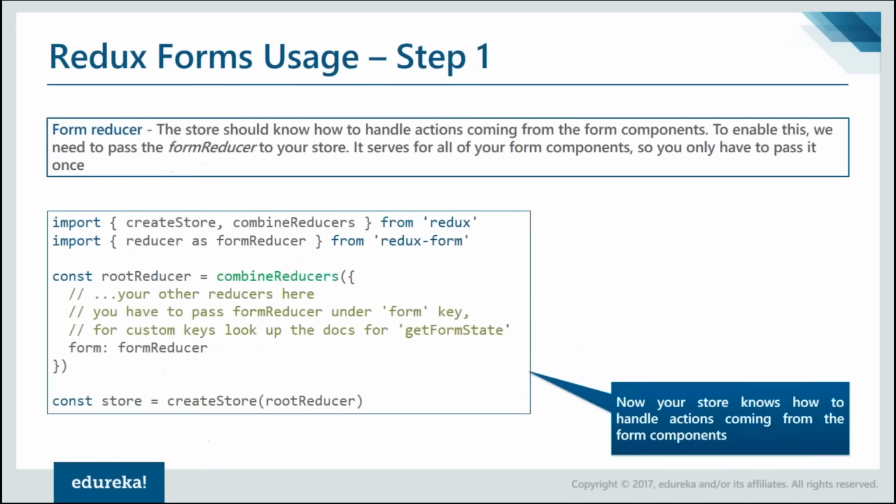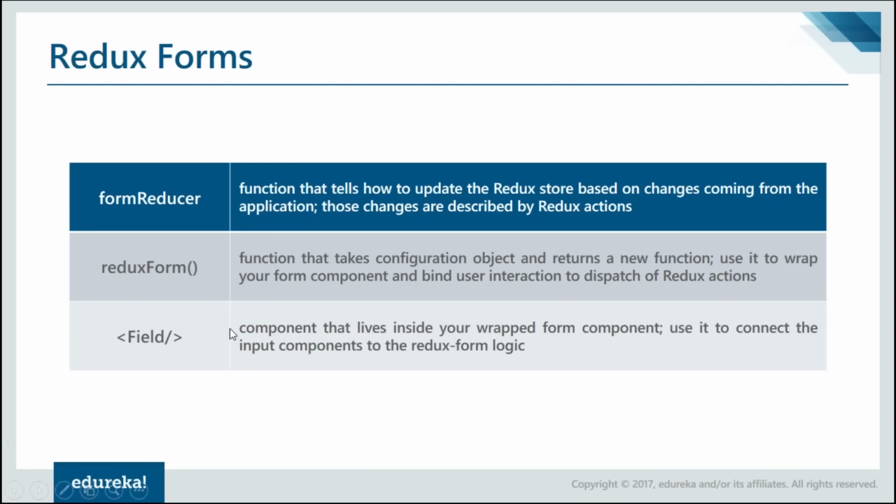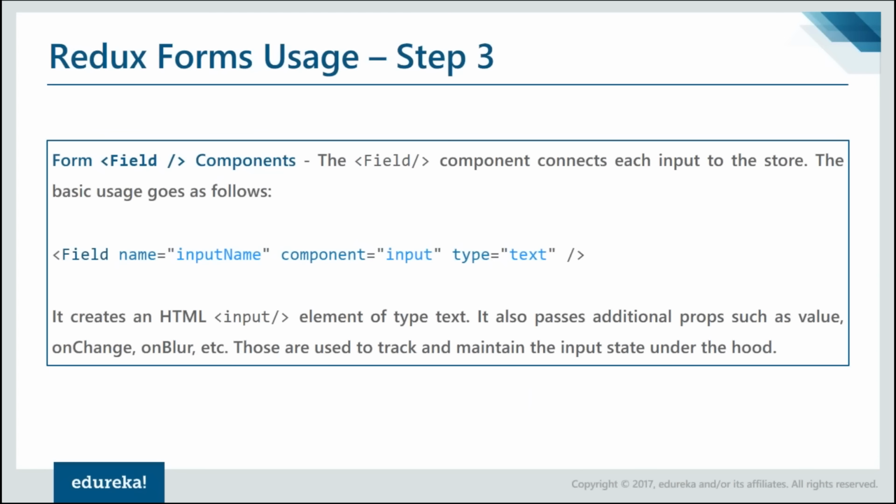Again, going to the previous slide, the third component we have to add is the field component, which lives inside the wrapped form component, which we wrapped in the Redux form function. The field component connects each input to the store. For basic usage, we can have multiple attributes with the field component, for example name, component, type.